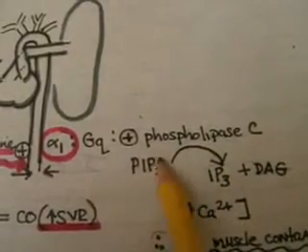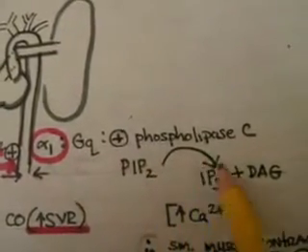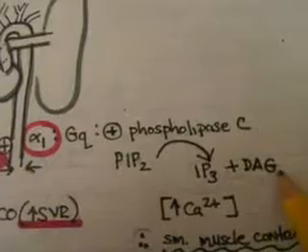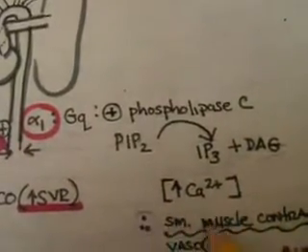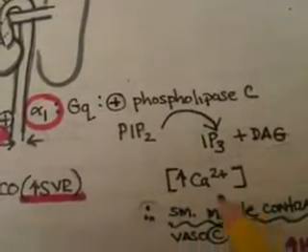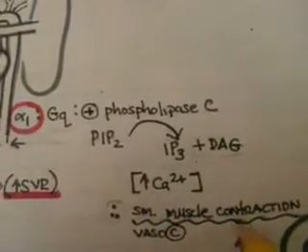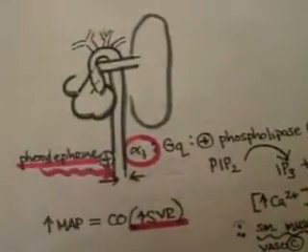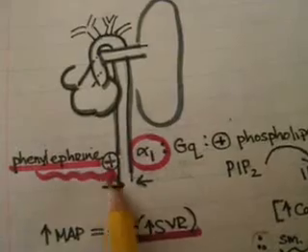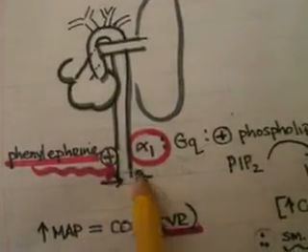Phospholipase C converts the PIP2 into IP3 and the DAG. That increases the intracellular calcium concentration within the smooth muscle, and that stimulates the vascular smooth muscle contraction. So you're going to get vasoconstriction in your peripheral arterioles.